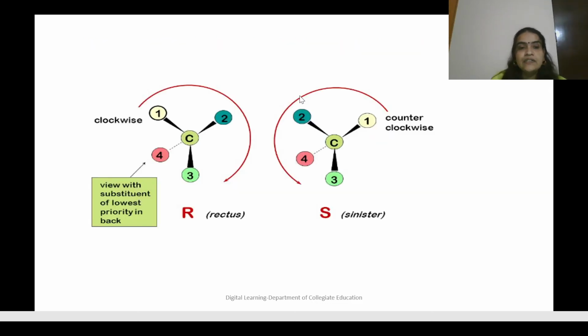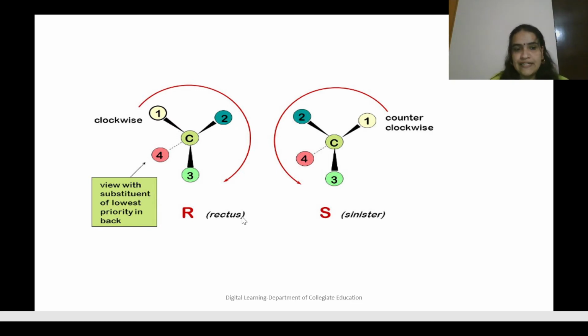Just like here, around the carbon atom there will be 4 priority groups, numbered 1, 2, 3 as well as 4. From the side of the 4th priority group we'll be viewing and we see the arrangement from 1 to 3. Now this direction is clockwise, so we call it R, which stands for rectus.